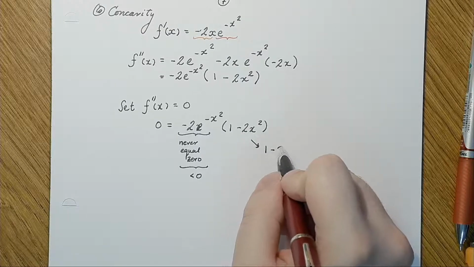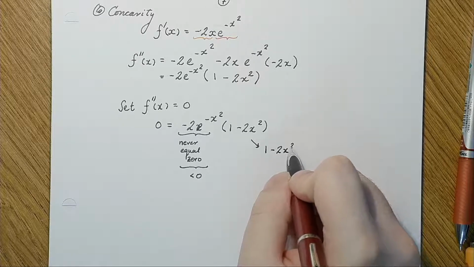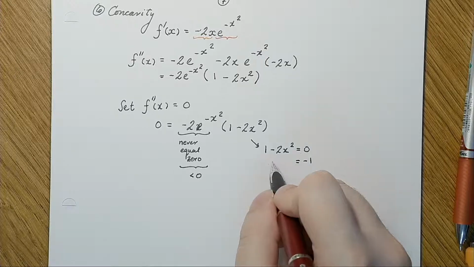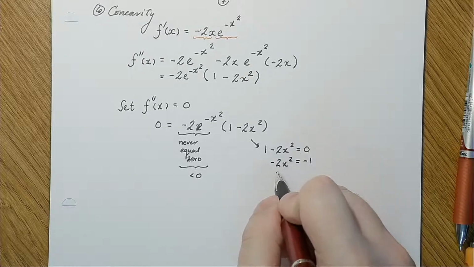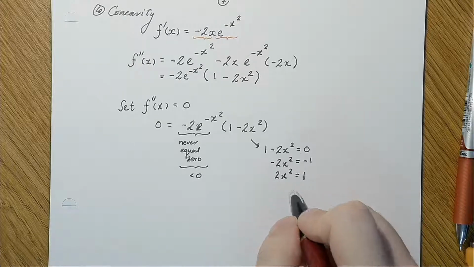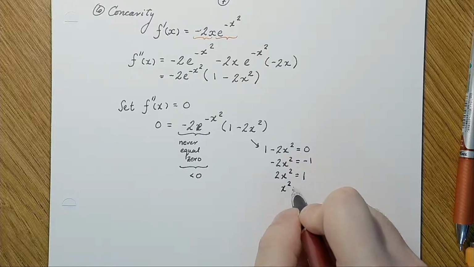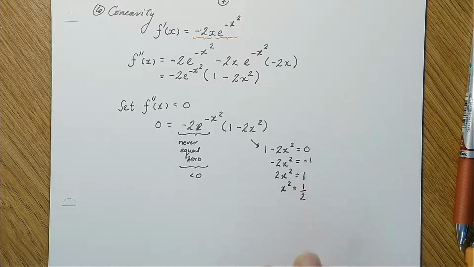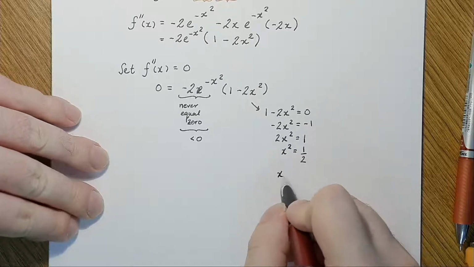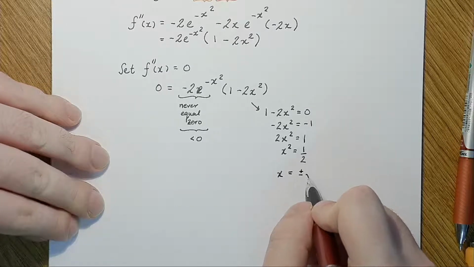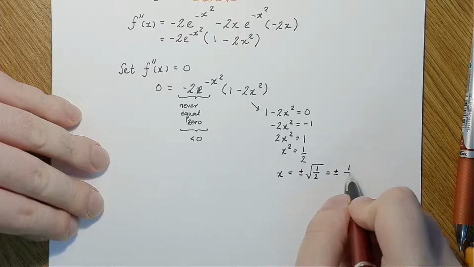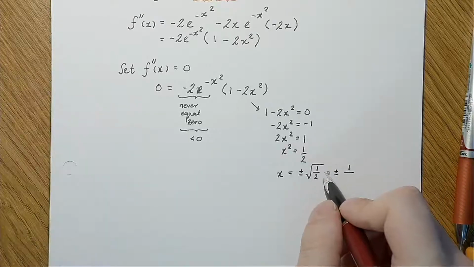And over on this side, I'm going to solve for where that equals 0. So 1 minus 2x squared equals 0. I'm just simplifying it. Then I'm going to take the square root, applying the square root to the top and bottom.